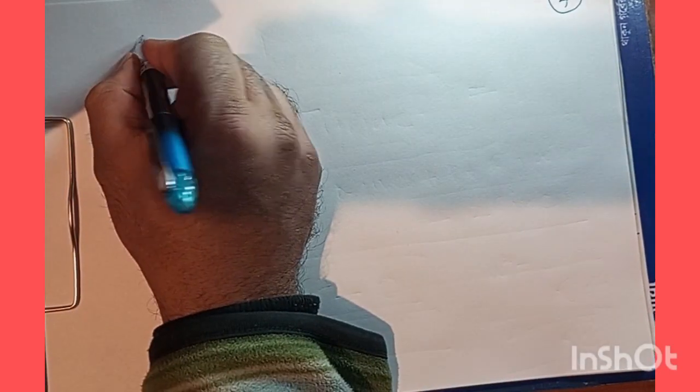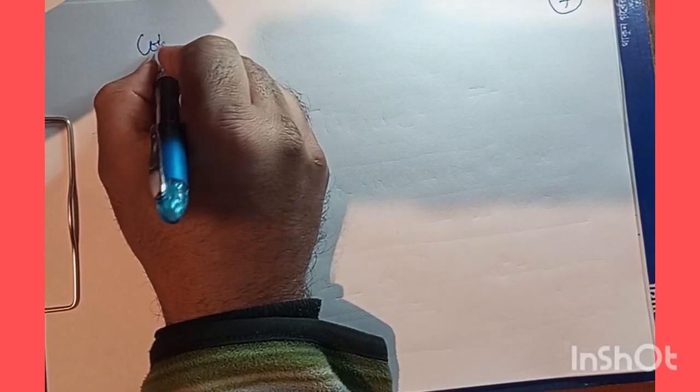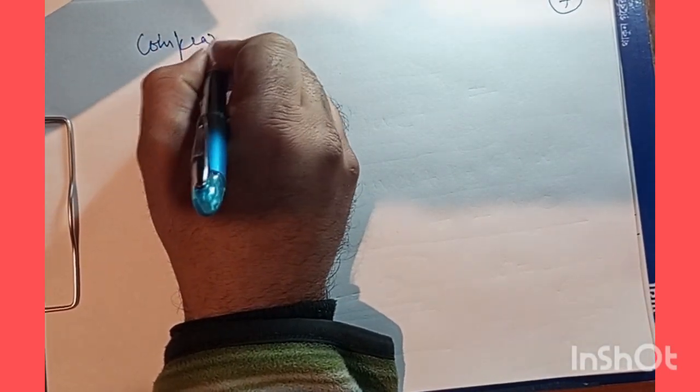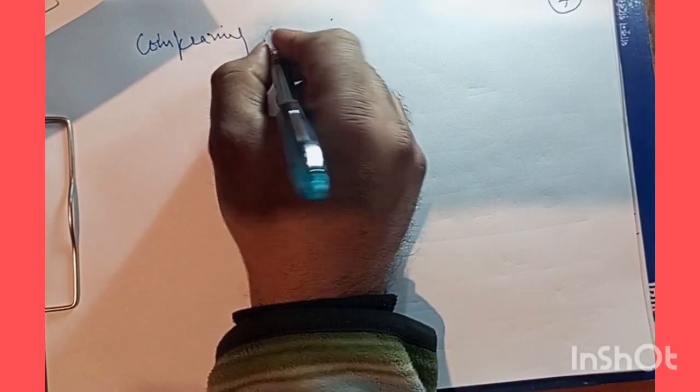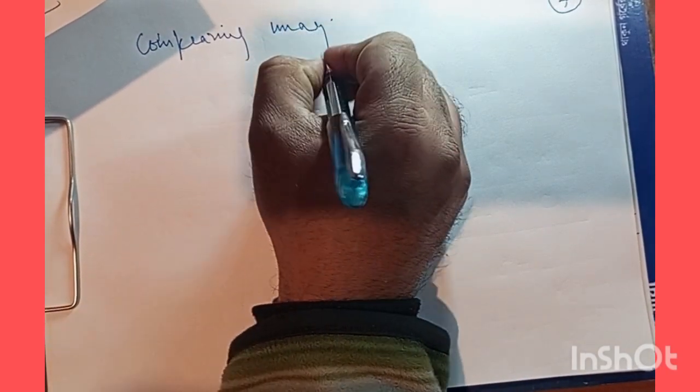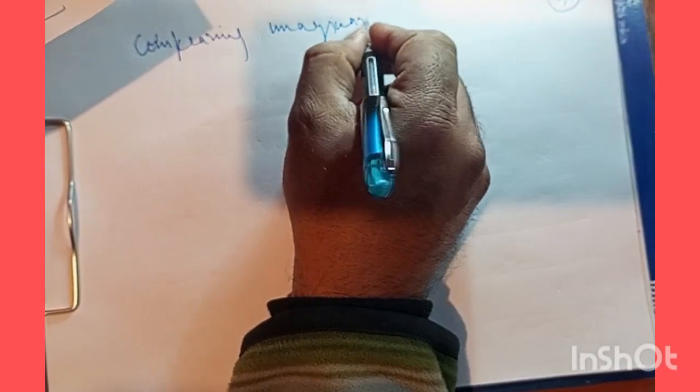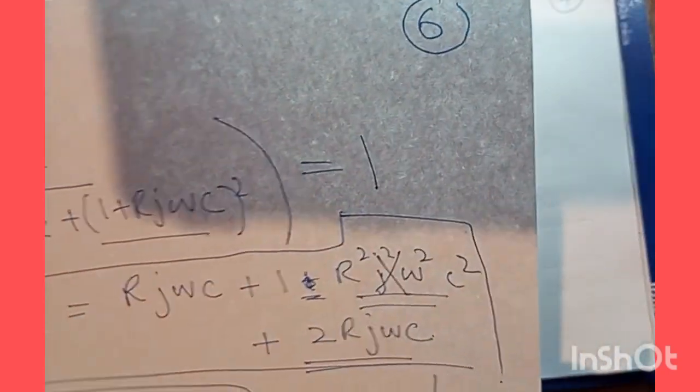So if this is my equation 7, comparing imaginary parts. What's going to happen here is we have to write down the equation in terms of the coefficients of imaginary parts of this equation.